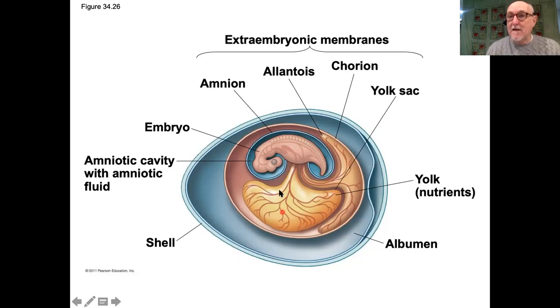We don't have a yolk sac in the advanced mammals, but you can just picture this chorion and allantois structure now embedding itself into a uterus wall, and all the membranes enclosing our embryo, still with the amnion right around the embryo.